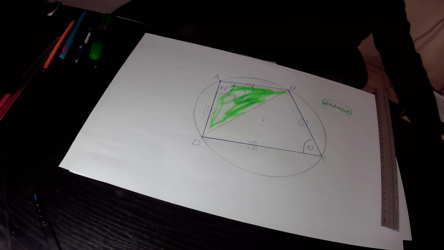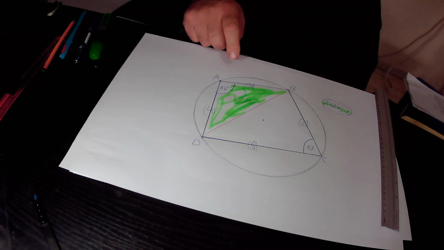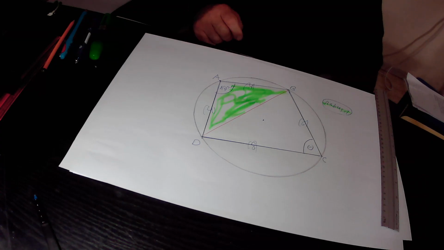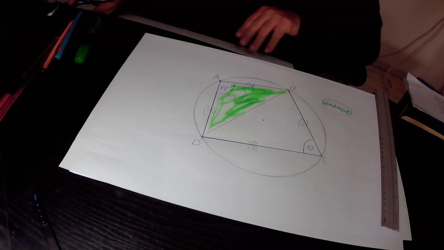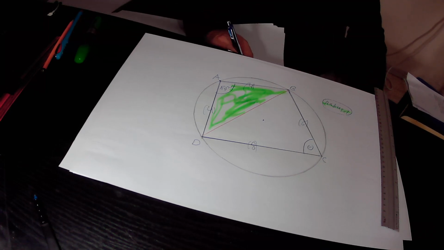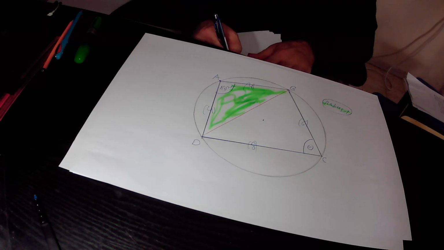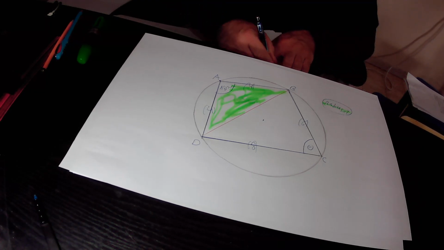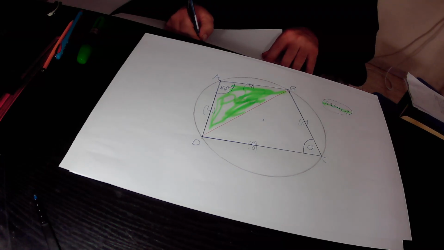So we can implement the law of cosines in this green triangle ABD. According to the law of cosines, in the green triangle ABD, the following equation is true.